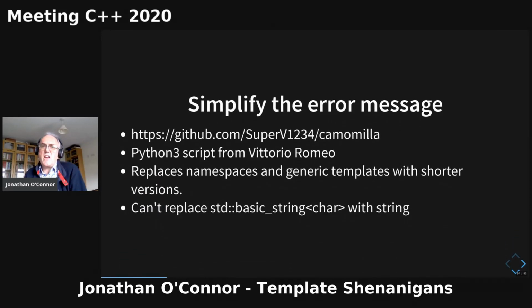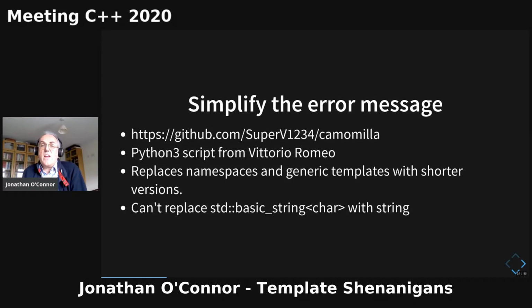Another suggestion I got was from Vittorio Romeo. He developed a Python script called Camomilla. And actually, I'm just wondering, is superv1234 his password? But anyway, to go on, what his script does is you pipe all the error messages into it, and it goes around and replaces the namespaces and long type names with shorter versions, or it can throw away namespaces as well.